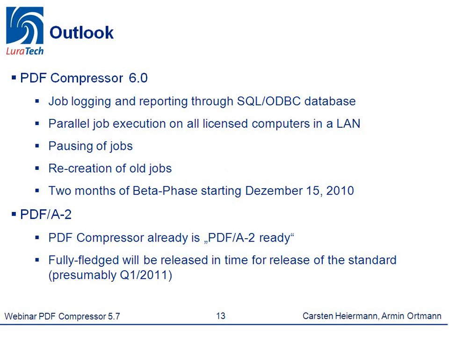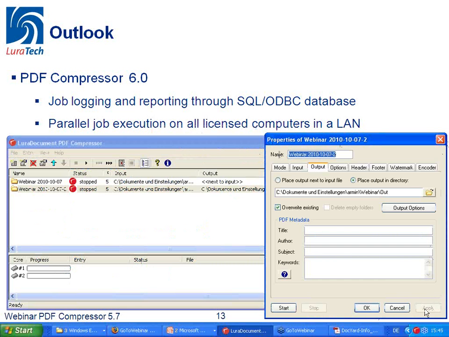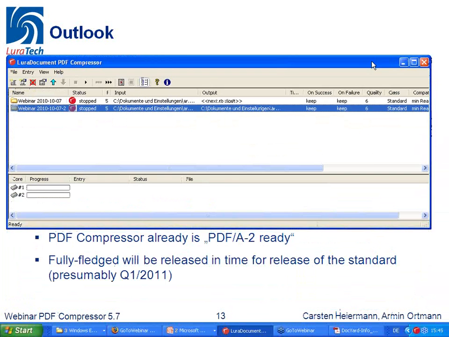reporting and monitoring options. And we will also implement the parallel job execution on several computers, whereas now when you start the user interface of PDF Compressor here, whatever you see only pertains to the machine that you're logged on. That will change in the future.